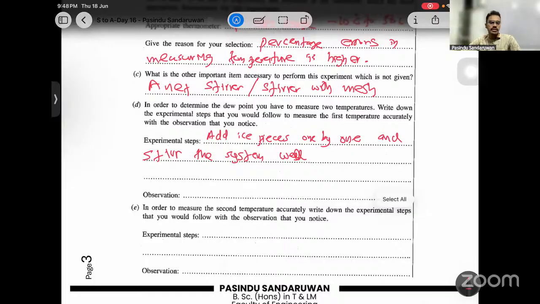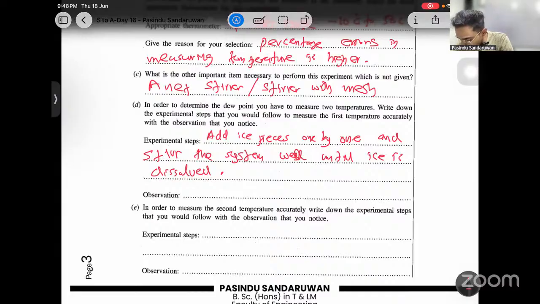Stir the system well until the ice is dissolved. Then the observation is the beginning of tarnishing, where the shine disappears.